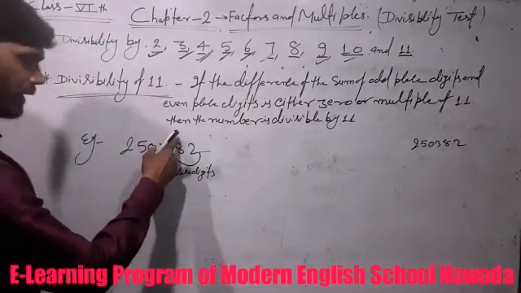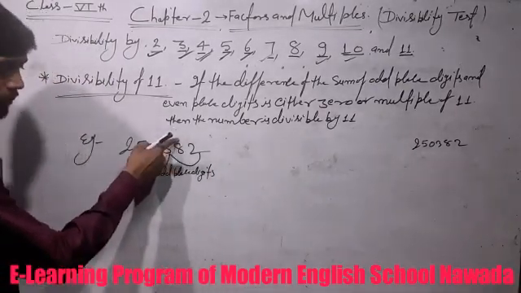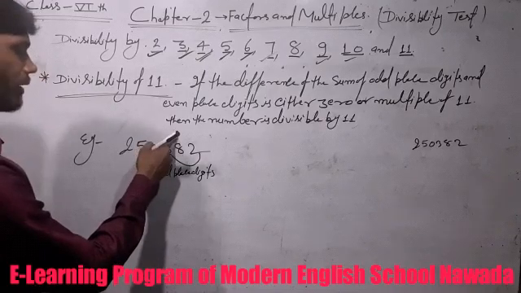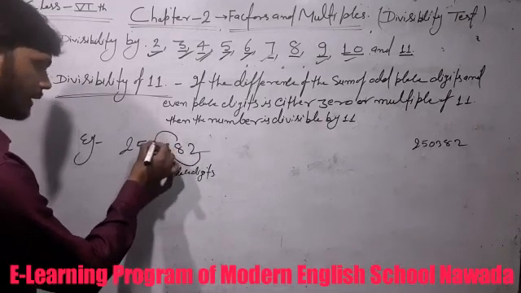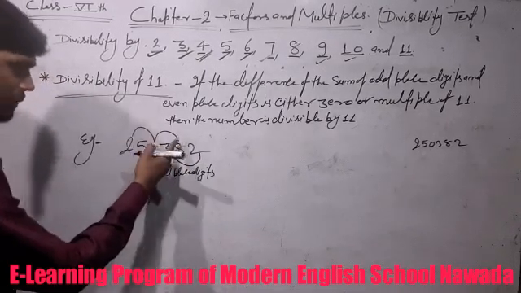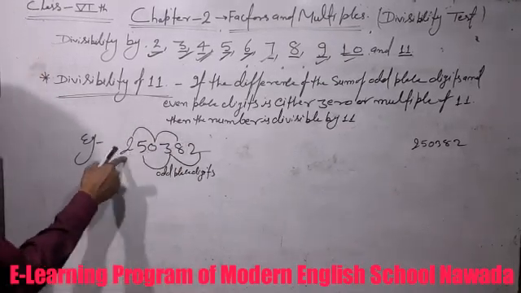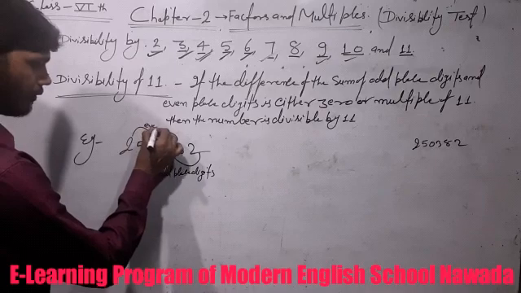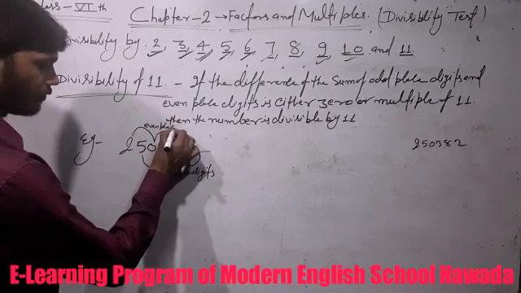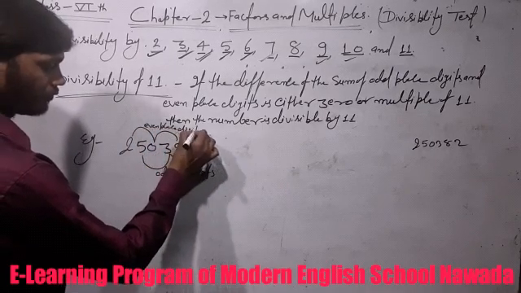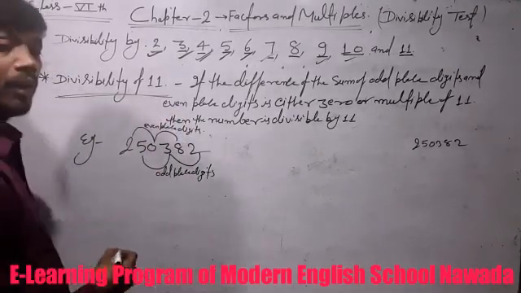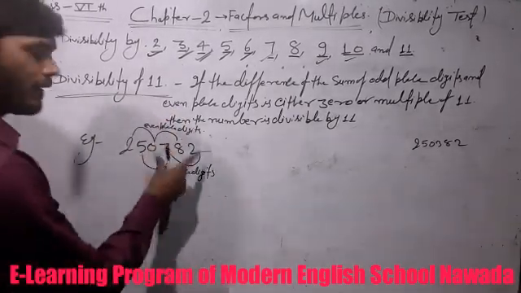Here this digit is at the second place, and this place, and this place. It means alternate digits 8, 0 and 2 are even place digits. Here find the sum.